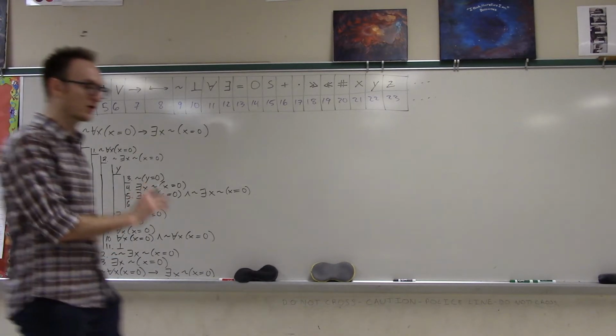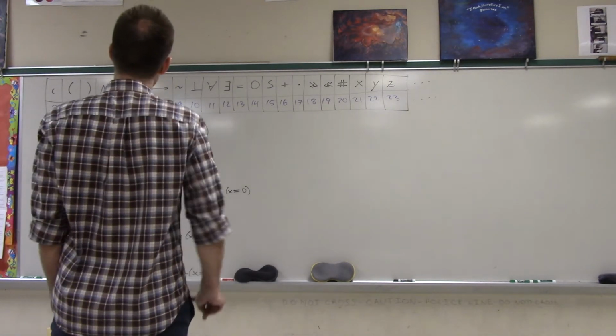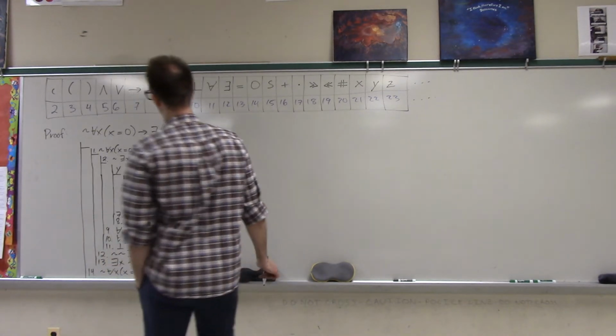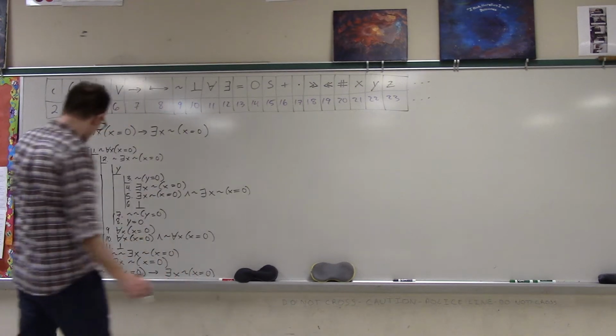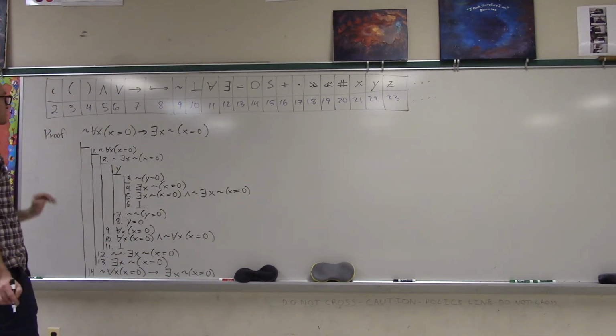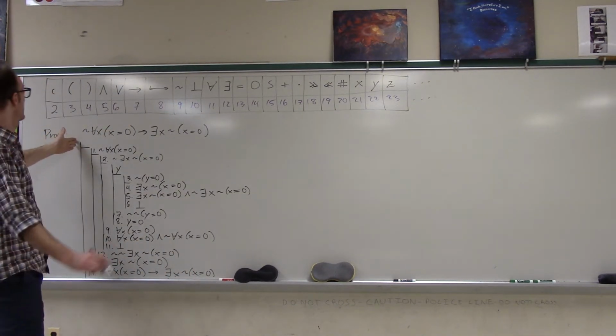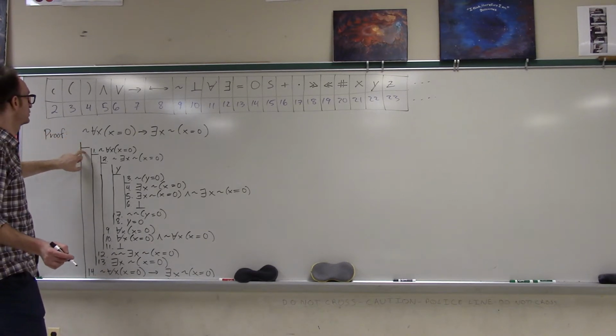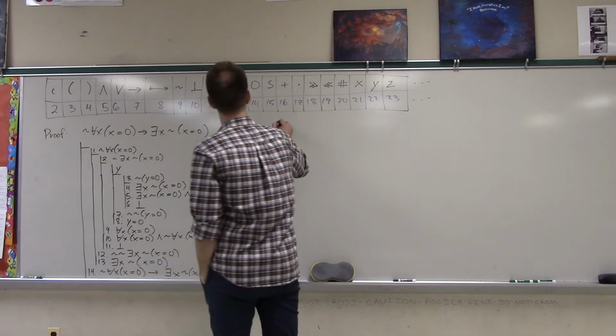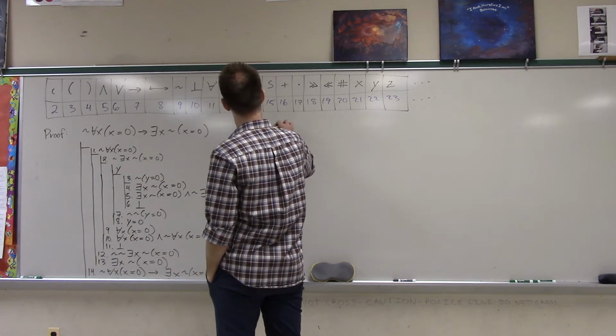Now I'm going to take the crazy move of coding this proof. And hopefully I'm going to do it correctly. I'm going to code it by writing it as one long string. So we start, and I guess I start with a new line, tab in. If you guys were all here, I would have you call out what to do.